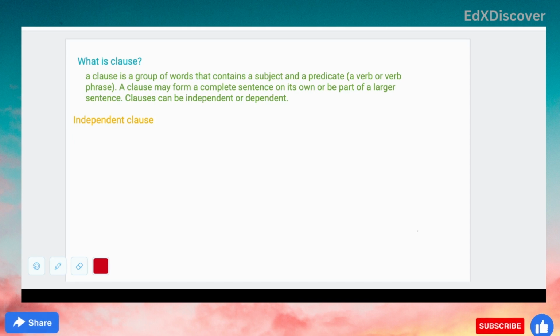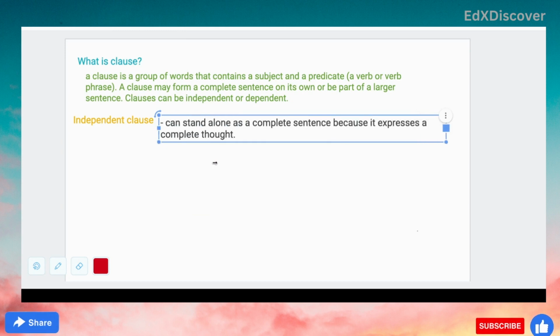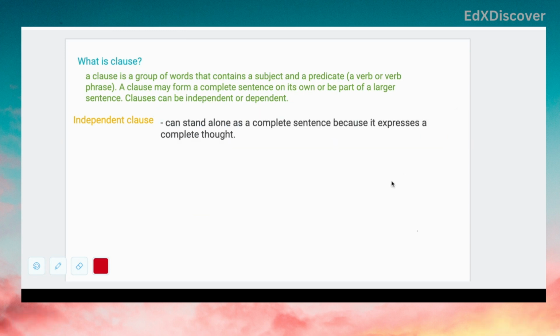Okay, this is called independent clause. It can stand alone as well as express a complete thought. For example, I went to the store.